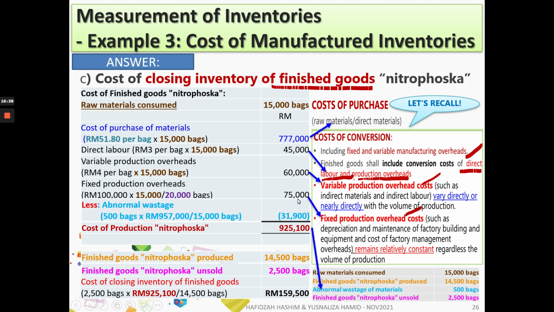This 2,500 actually refers to this. Okay, then you get the cost of closing inventories to be 159,500.